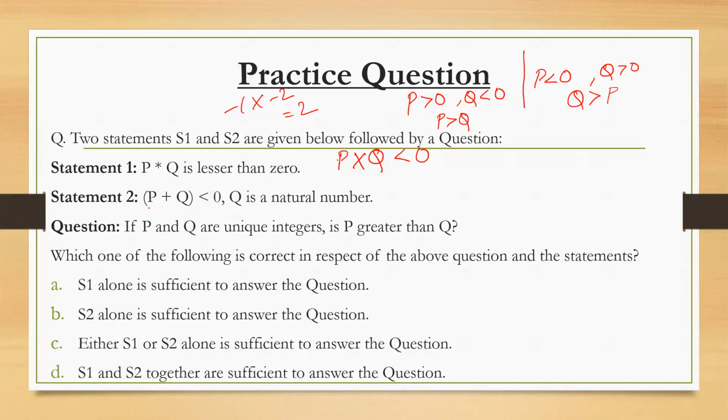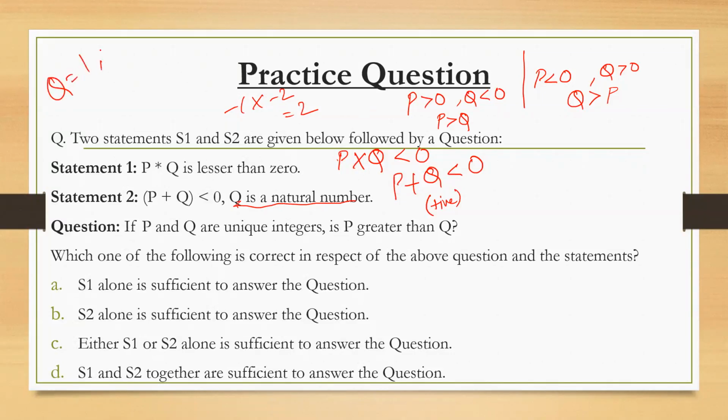Okay. Now let us consider the second statement. Second statement says P plus Q is less than 0. Okay. And it is said that Q is a natural number. So if this is a natural number, what will be the nature of Q? By default, Q will be positive. Yes. If Q is a natural number, what are natural numbers, Raghavan?